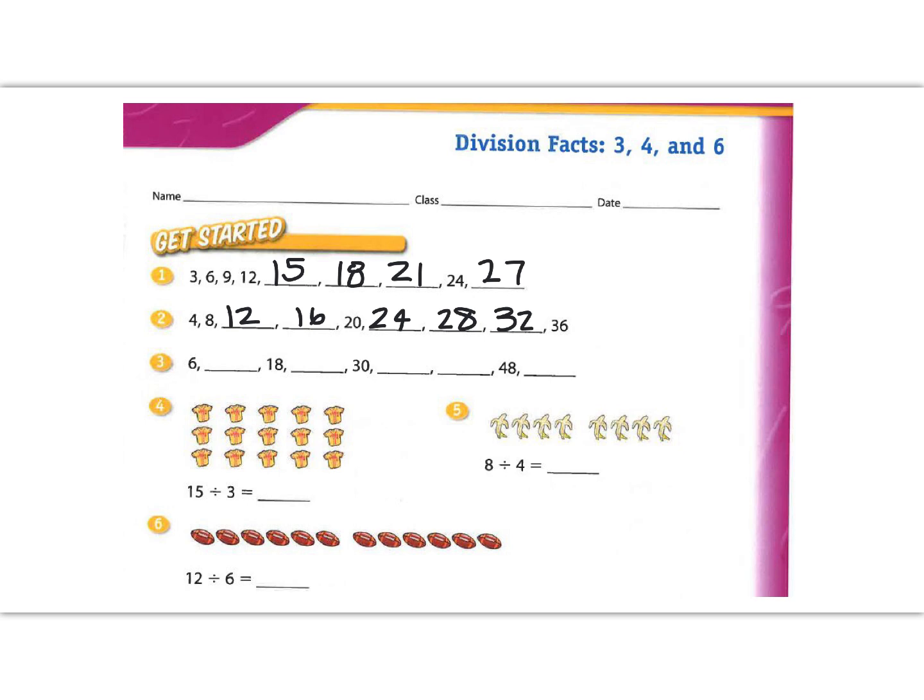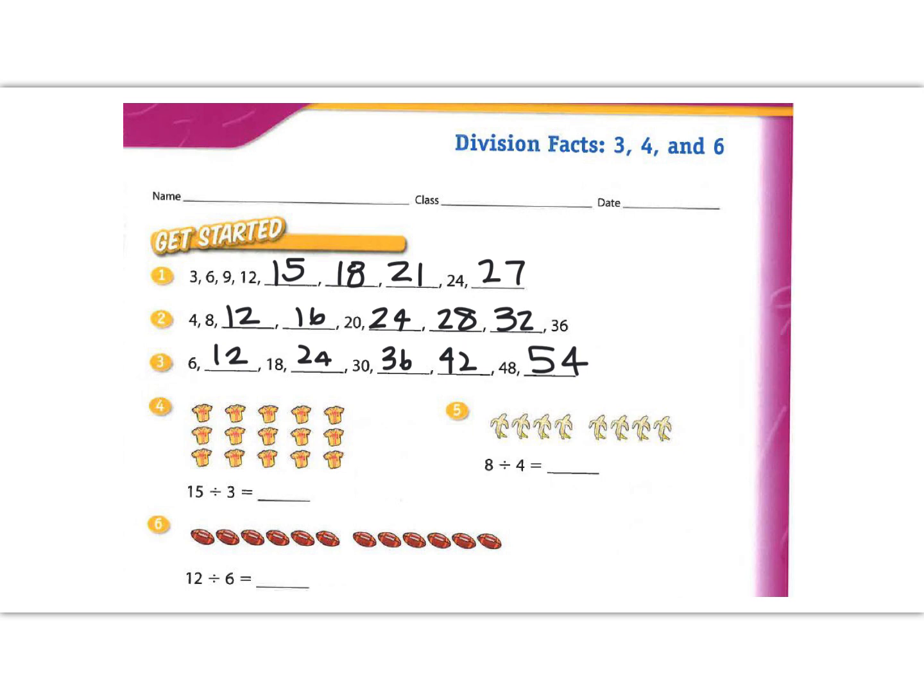And for 6s, we have 6, 12, 18, 24, 30, 36, 42, 48, 54. So that's a good review from when we did multiplication. So here we go on these.